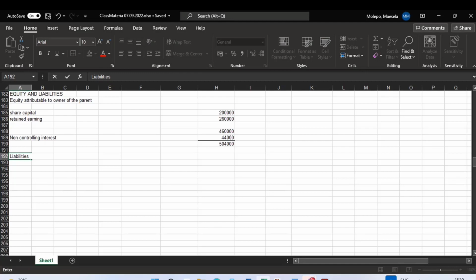So the liabilities will be only the current ones, which is the trade and other payables.